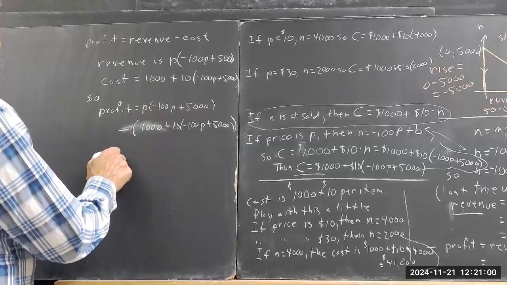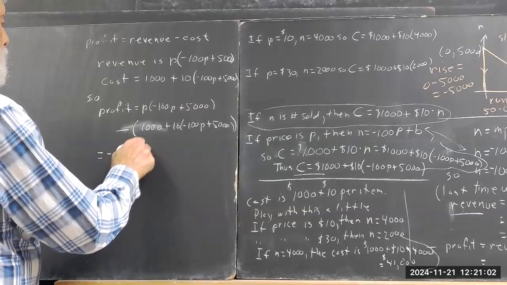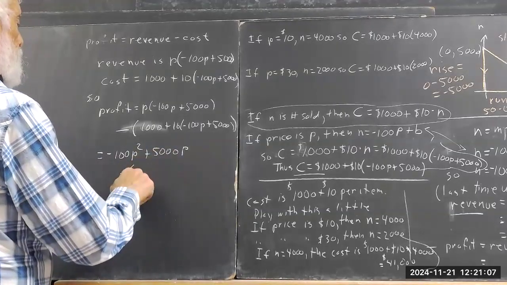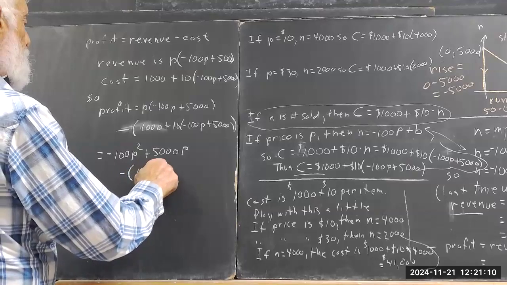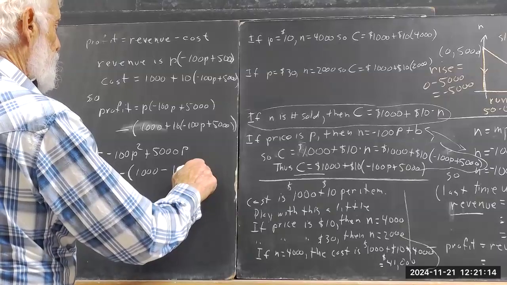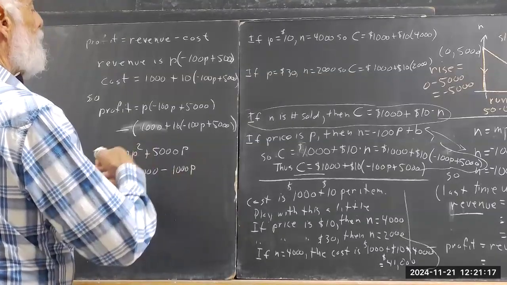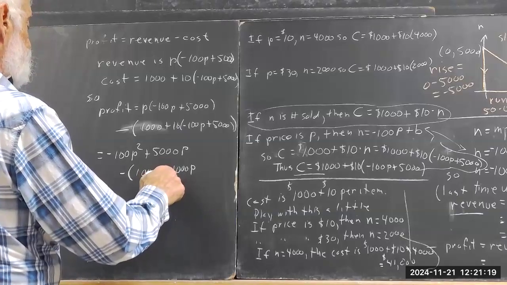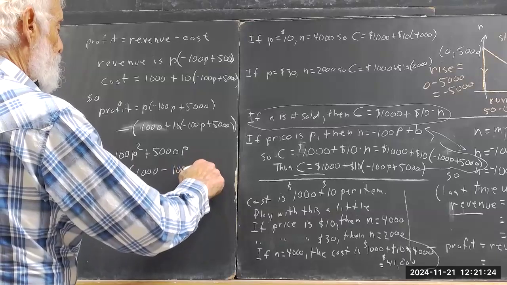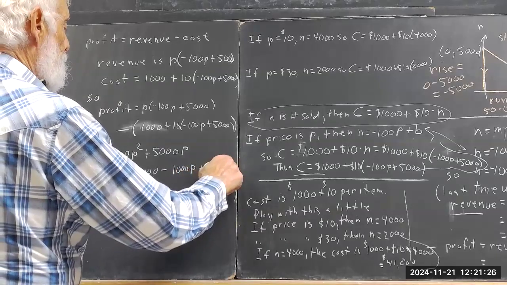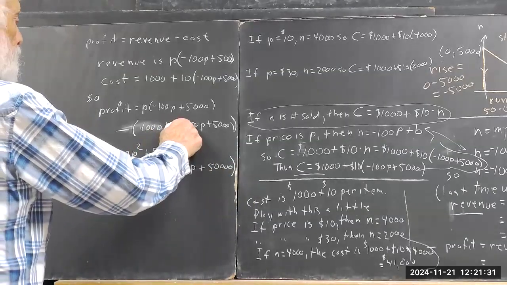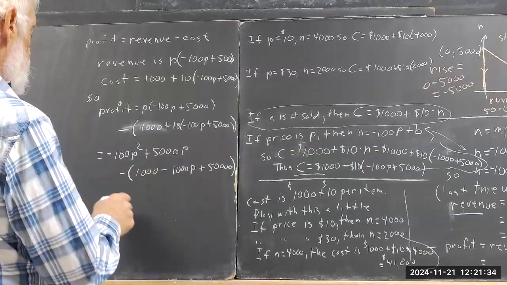If we multiply this, we're going to get negative 100 P squared plus 5,000 P, minus 1,000, minus 1,000 P... minus negative 1,000 P. Okay, no, minus all this. Plus 50,000, because we multiply 10 by all this, that's what we get.